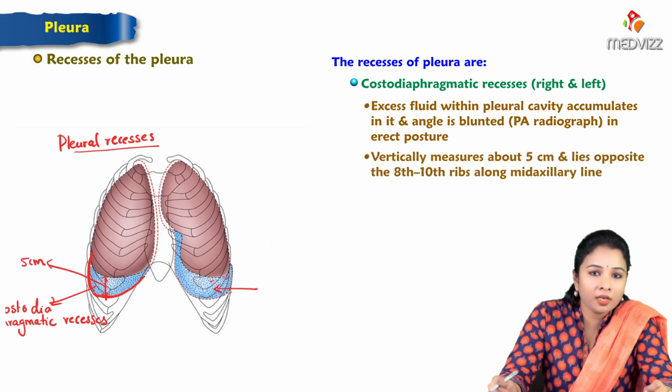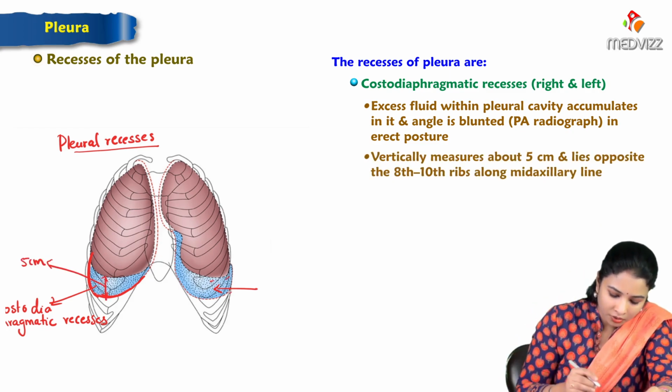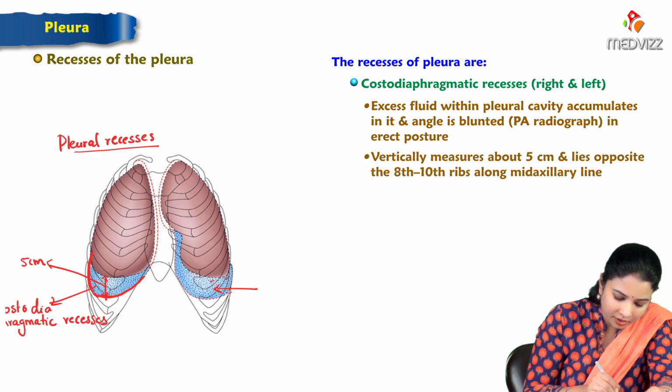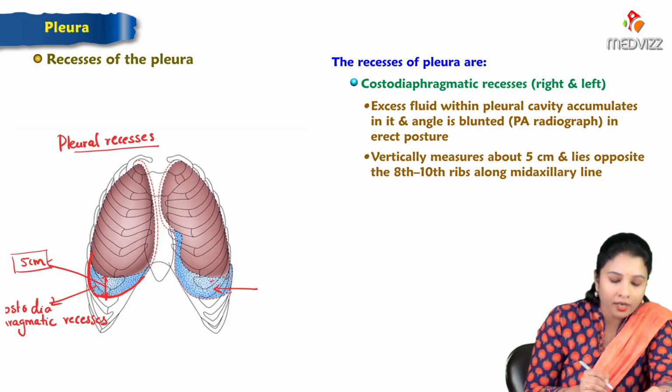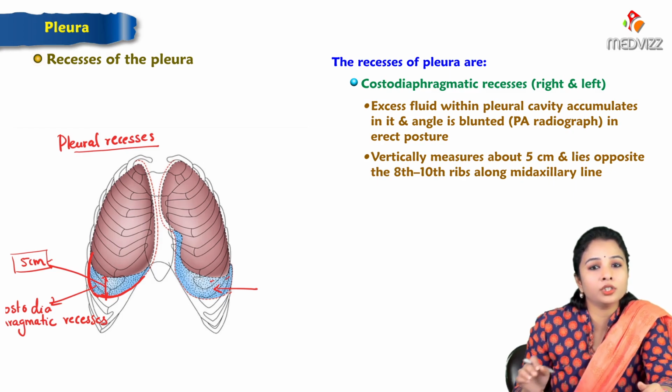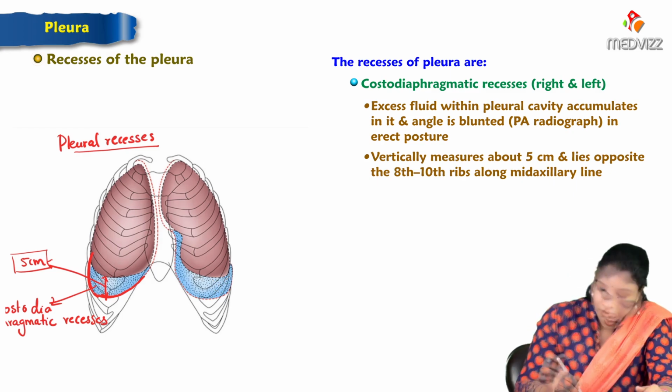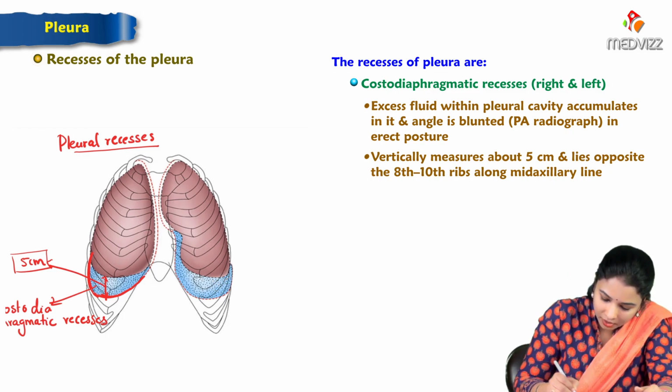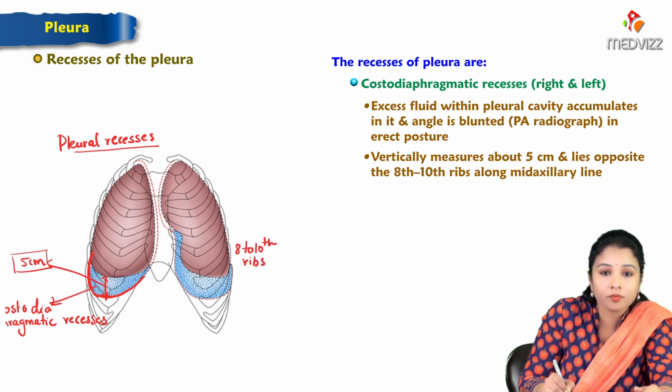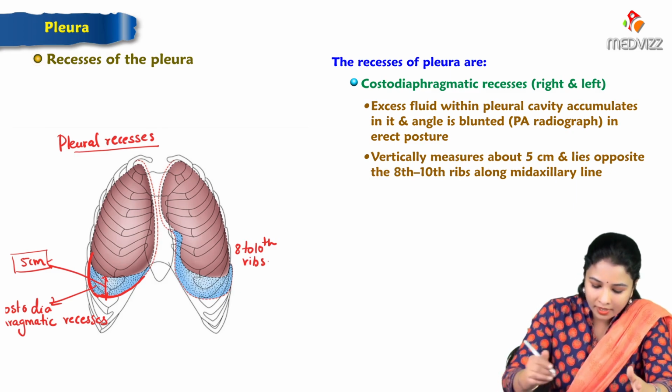Vertically, it measures about 5 centimeters, and it lies opposite the 8th to 10th ribs along the mid-axillary line.